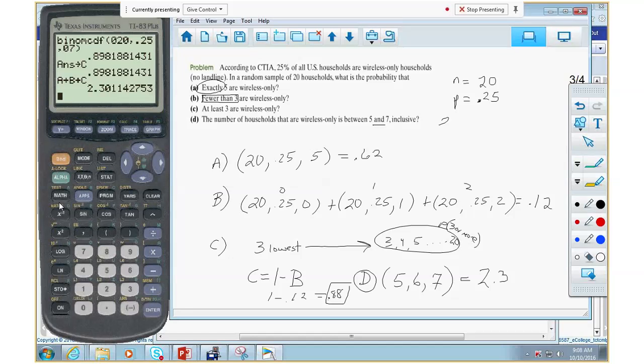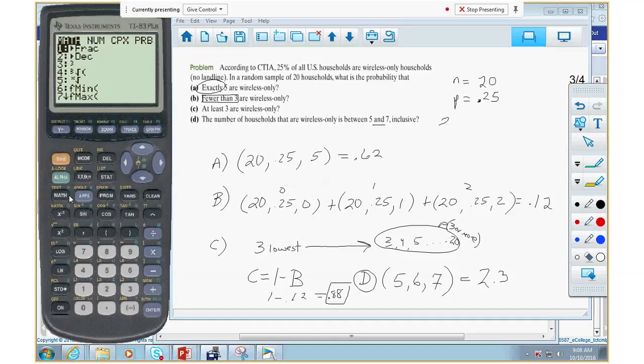Alpha A. It might be the distance between the two numbers. Okay, that could be, yeah, I really don't like the way they word the question.